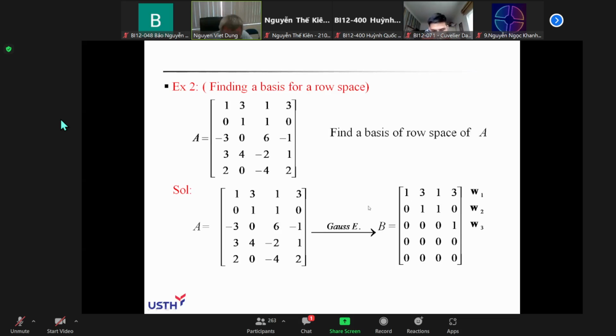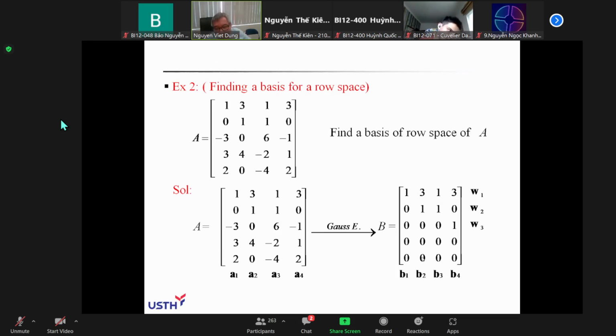It has three non-zero rows, W1, W2, and W3. So here I give some notation. The columns of A will be A1, A2, A3, and the columns of B will be B1, B2, B3.